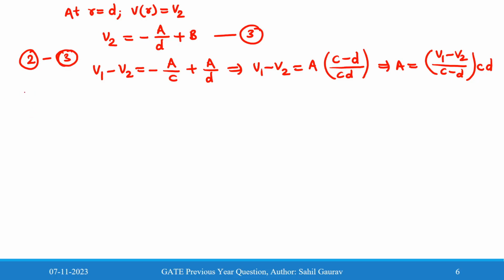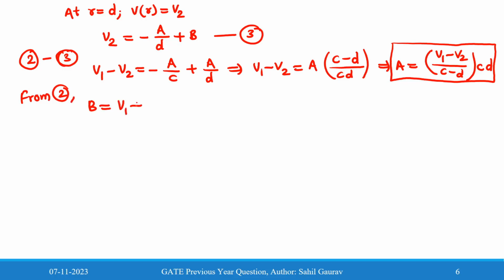So it becomes A is equal to (V1 minus V2) cd divided by (c minus d). So we got here the constant term A. From second we will get the B value. Now putting this A in second, we have seen that B is equal to V1 plus A divided by c.